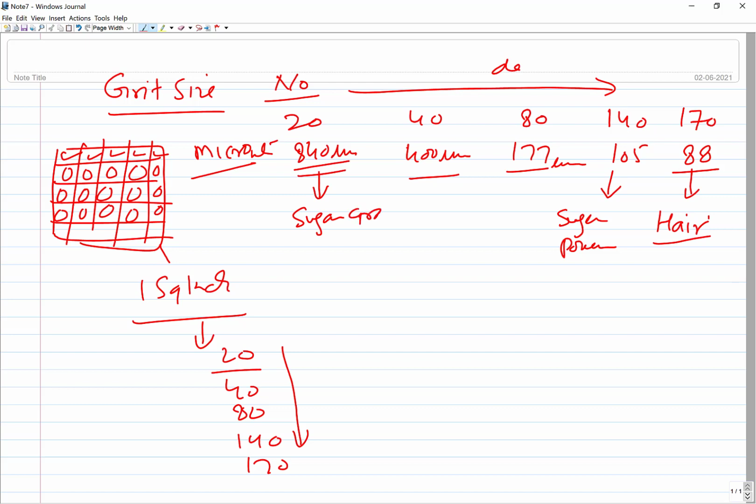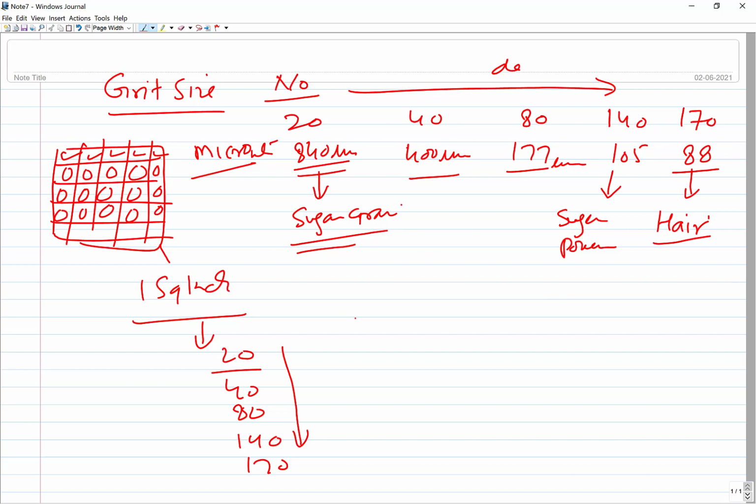So this is just for having some kind of idea. There is a whole range of sizes, and grits of even finer size are also available.